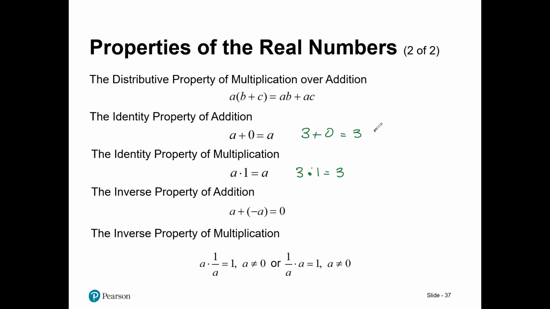So these two properties are helpful because they tell me that no matter what number I have, if I have 5, 5 secretly has a 1 multiplied to it and a 0 added to it. That carries with every number, and that's actually how we do a lot of our algebraic manipulations.